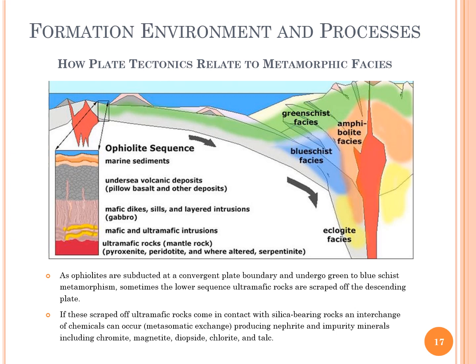And during that exchange, the nephrite formation process can begin to produce what we would call our nephritic or BC Jade, including also other impurities like chromite, magnetite, diopside, chlorite, talc, etc. Something we'll see affiliated with nephritic jade as we take a look at a few examples here in just a few slides.